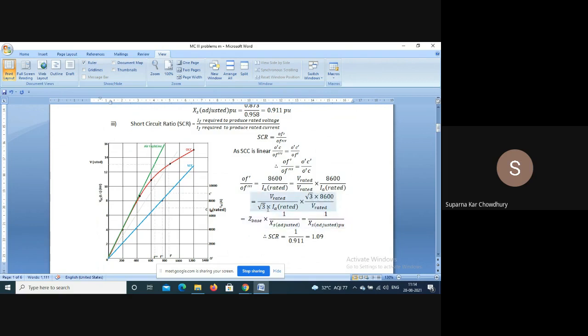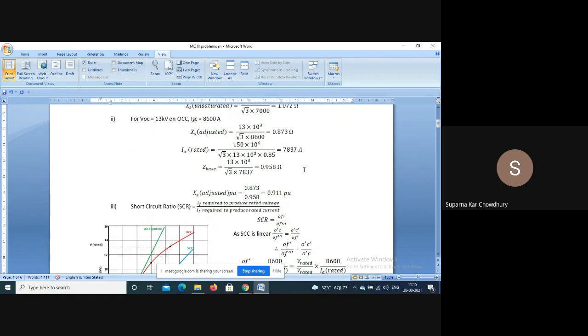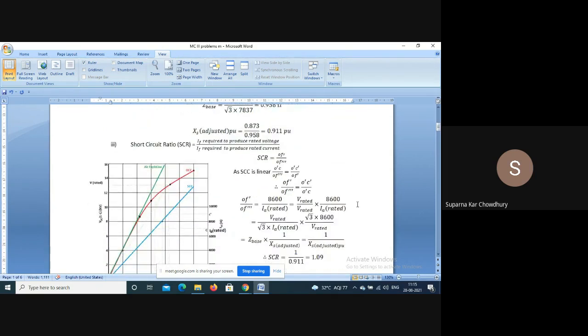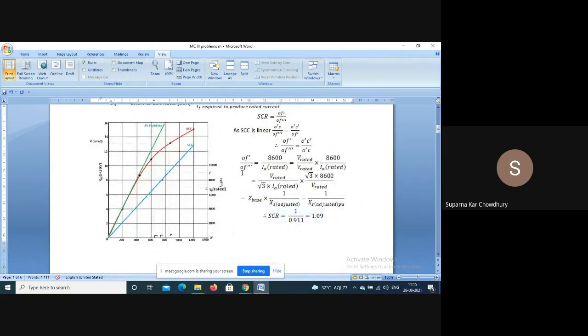Just these values are multiplied, so the expression is the same. So here you can see that this is the base value of the impedance, Z base, and this is the adjusted synchronous reactance. So basically your SCR, or the short circuit ratio, is 1 by the adjusted synchronous reactance per unit. So it is the inverse of the per unit value of the adjusted synchronous reactance. The value is 1.09.